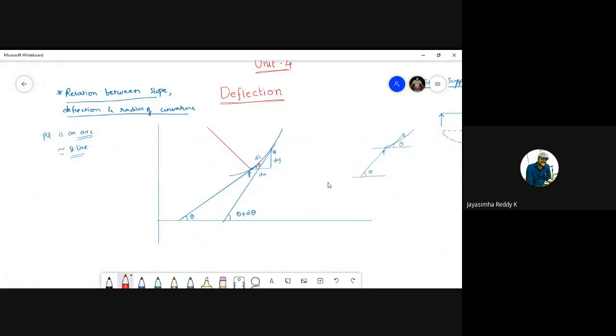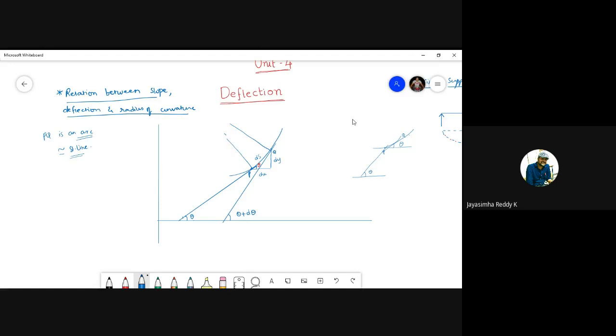I'll just use my hand only for drawing the normal. Okay, guys, so let us draw the normal at P. That will be somewhere like this, and at Q that will be somehow like this. Is it clear, guys?